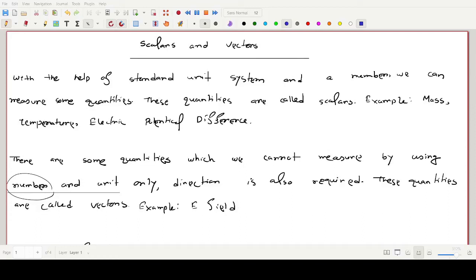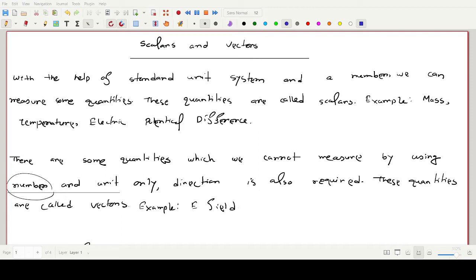So today's discussion will be about scalars and vectors. In physics and engineering we are interested in quantities that we can measure, and these quantities can be classified into scalars and vectors.